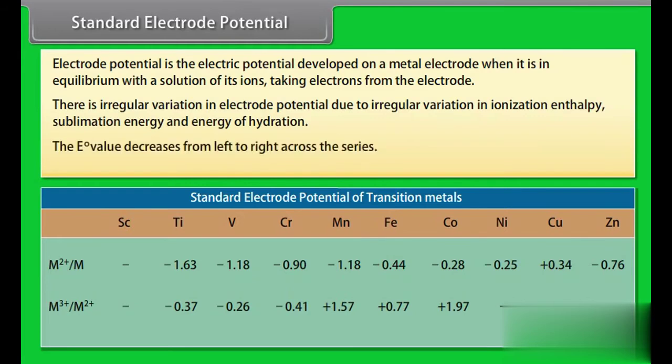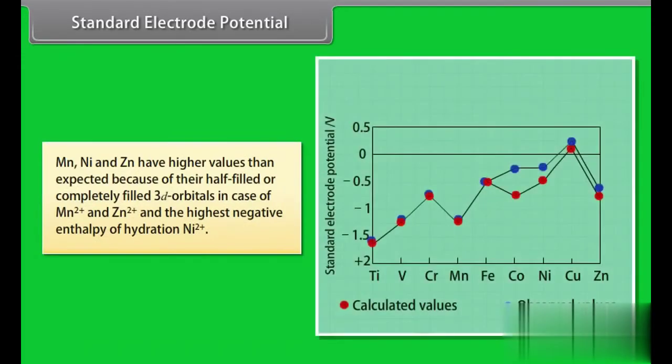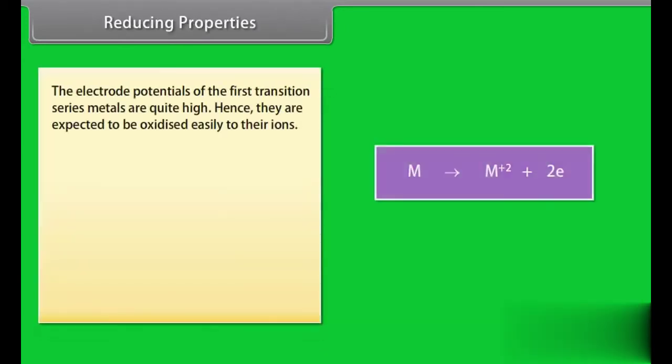The E0 value decreases from left to right across the series. Manganese, nickel, and zinc have higher values than expected because of their half-filled or completely filled 3d orbitals in case of Mn2+ and Zn2+, and the highest negative enthalpy of hydration for Ni2+. Reducing properties. The electrode potential of the first transition series metals are quite high.